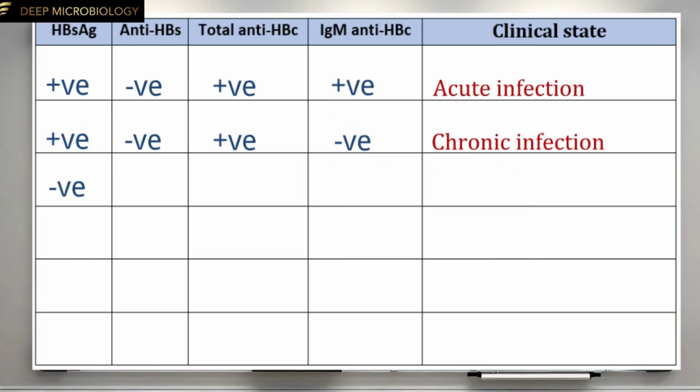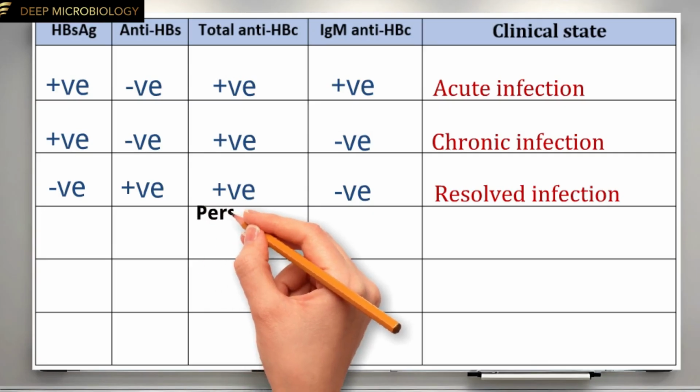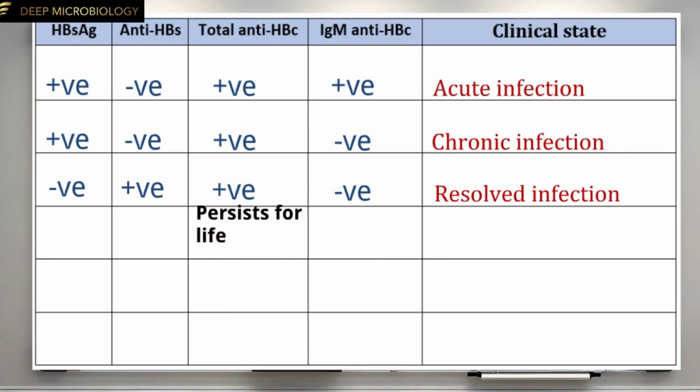Negative HBsAg, positive anti-HBs, positive total anti-HBc, and negative IgM anti-HBc indicate a resolved hepatitis B infection. The absence of HBsAg shows the infection is no longer active, anti-HBs positivity indicates immunity, and positive total anti-HBc confirms previous exposure to the virus, as these antibodies persist for life.